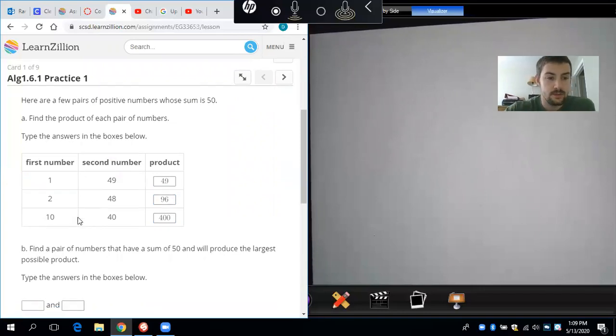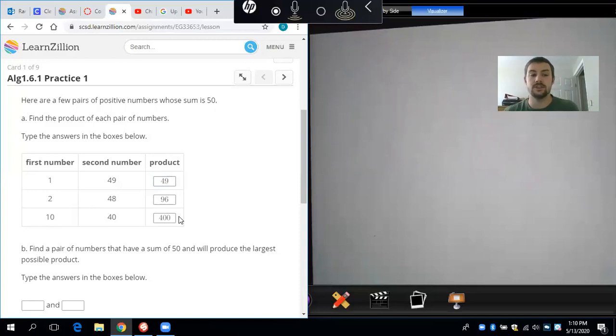So let's find a pair of numbers that have a sum of 50 and will produce the largest possible product. Now, you could make a table, you could run through a bunch of numbers, but you can see right here that as our first number is getting bigger, our second number is getting smaller. This pattern, it looks like our product is getting bigger. You can make a table.